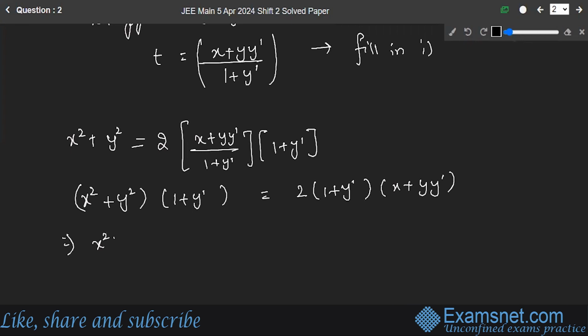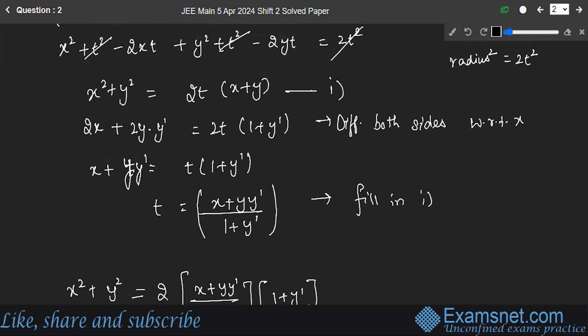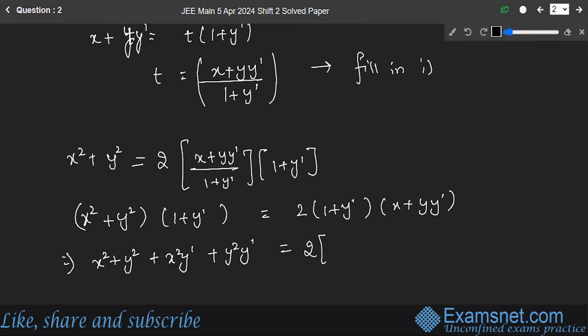This will give me x square, y square, x square y dash, y square y dash. Let's stick to the outside only for the time being. And wait, it was x plus y; by mistake, I wrote this as y. It was x plus y. So this will give me x square plus xy y dash plus xy.